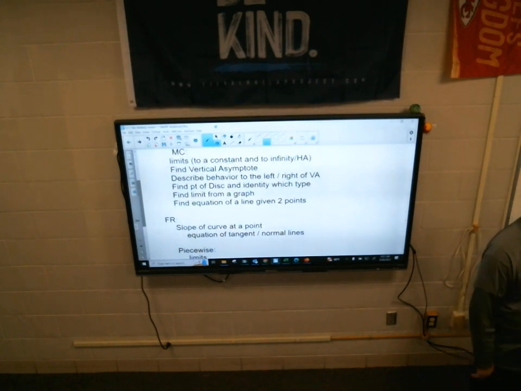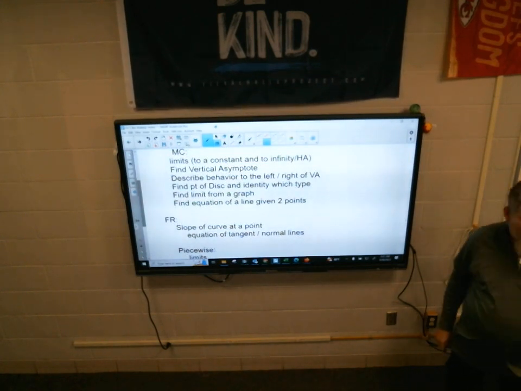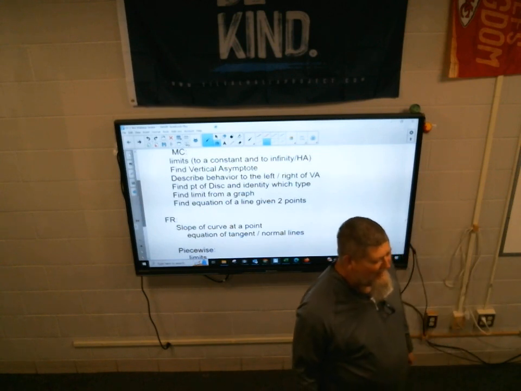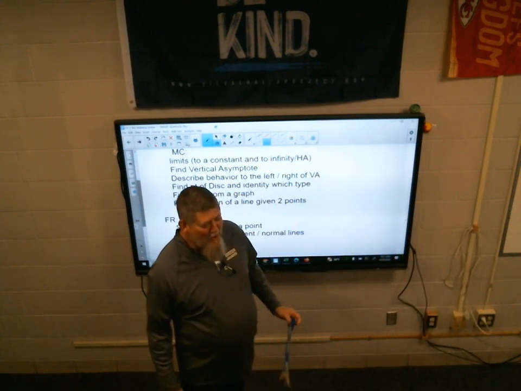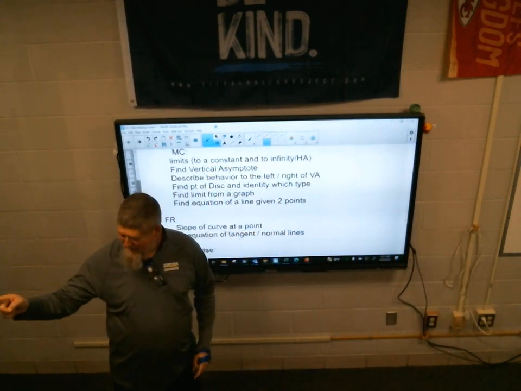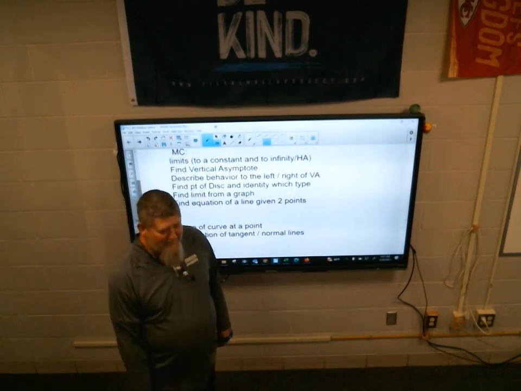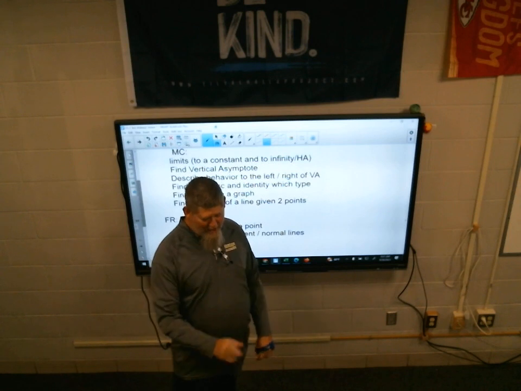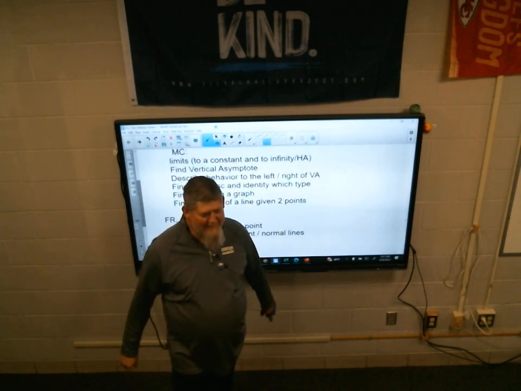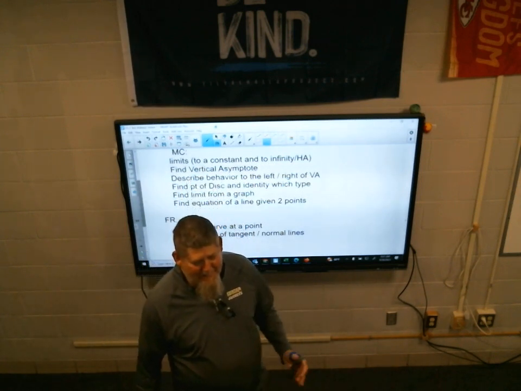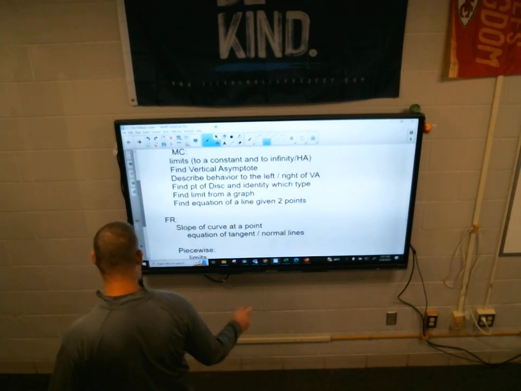What other types of discontinuity? Make sure you get Sam not listening. Having a good day, Sam? Uh-huh. What other types of discontinuity are there besides a jump? You better know. One of them starts with an R. Is that the one where we can fill it in? Yes.